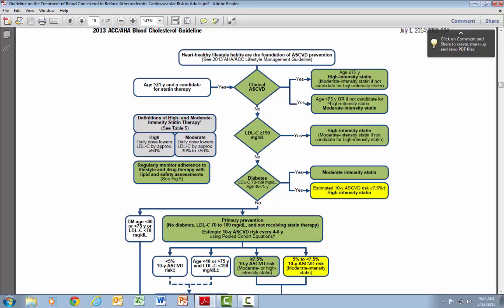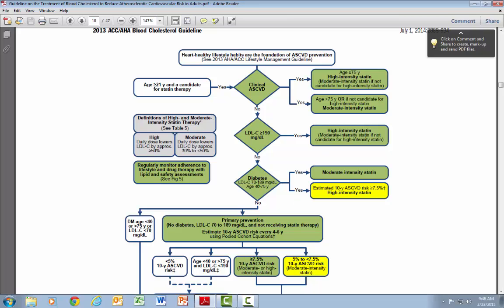If you're more than 75 years old, okay, then you should start moderate intensity statin, which is what? 40 milligrams of atorvastatin. If your LDL is more than 190, remember this is at the end of your ATP3 algorithm, this is when you have 0 to 1 risk factor, and you're more than 190 milligrams per deciliter, you should start high intensity statin.